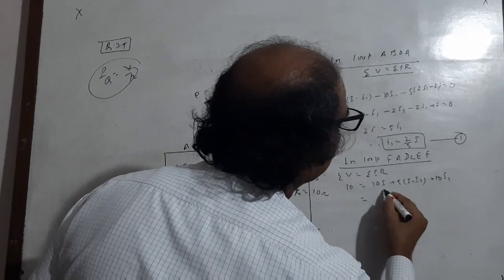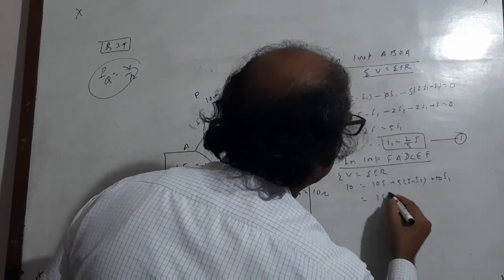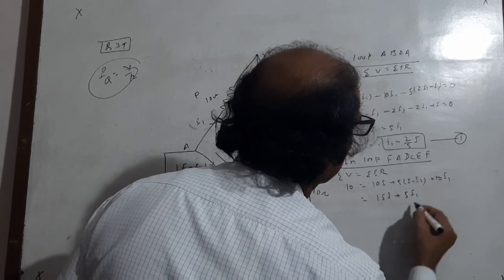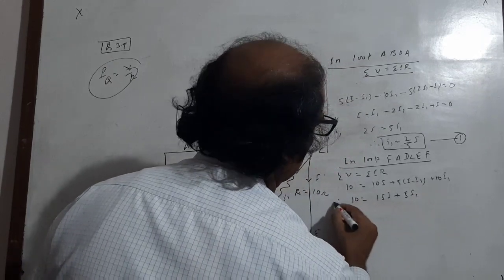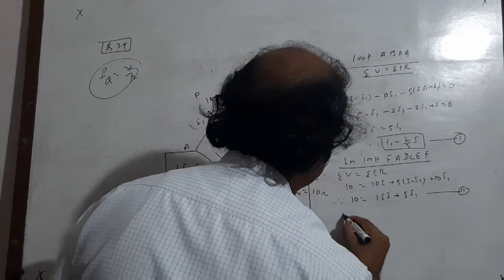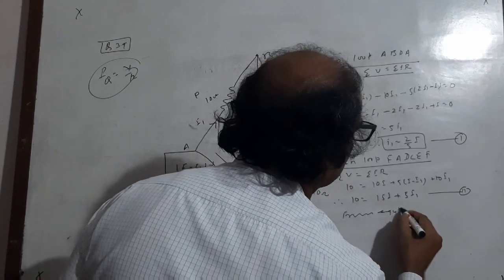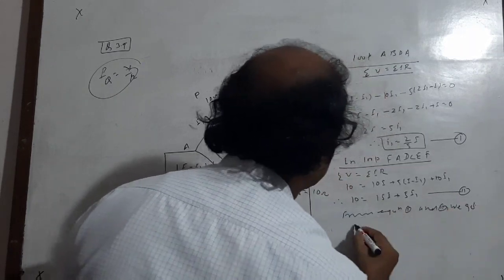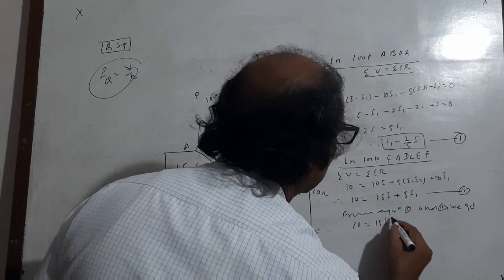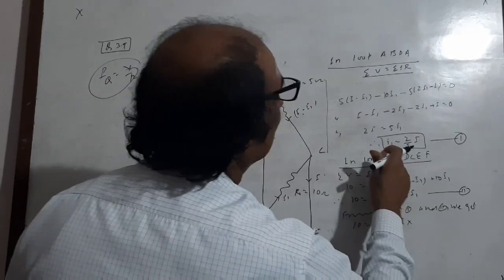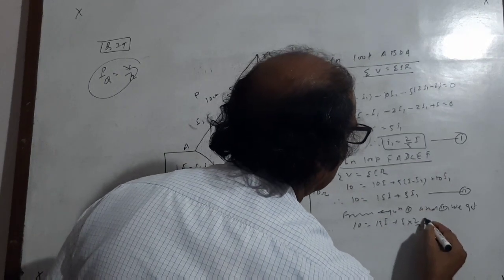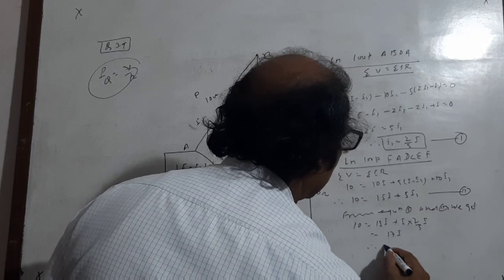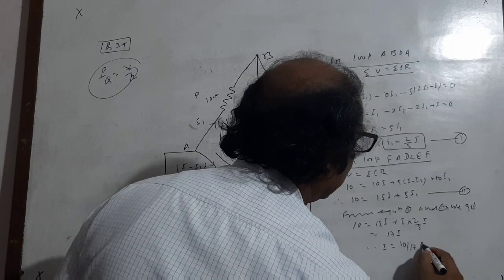Now solve it. So 10 plus 5, 15I, and here plus 10I1 minus 5, so plus 5I1, equals 10. This is equation number 2, and from equation 1 and 2 we get 10 equal to 15I plus 5 into I1, where I1 equal to 2 by 5 into I. So 15 plus 2, 17I, and therefore I equal to 10 by 17 ampere.